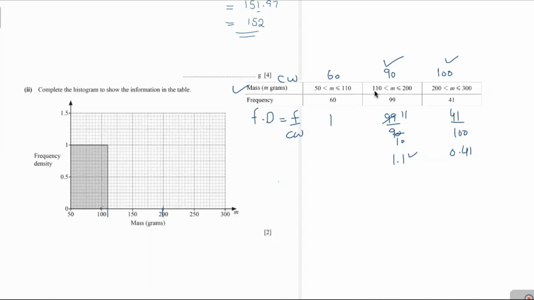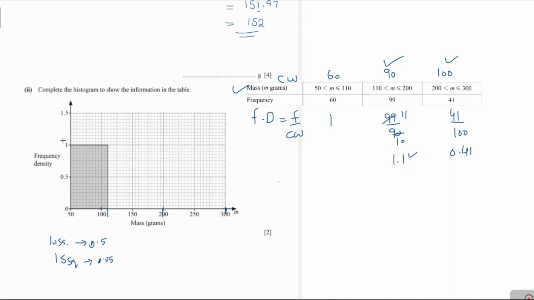Now we will complete the histogram. You can see here the class interval is 110 to 200, and we mark this point 110 to 200, and next is 200 to 300. The frequency density against 110 to 200 is 1.1. You can see here these 10 small squares equal 0.5, so one small square value will be equal to 0.05.